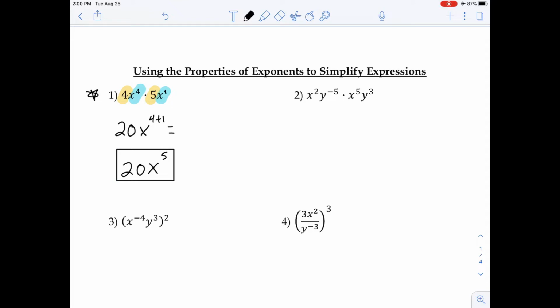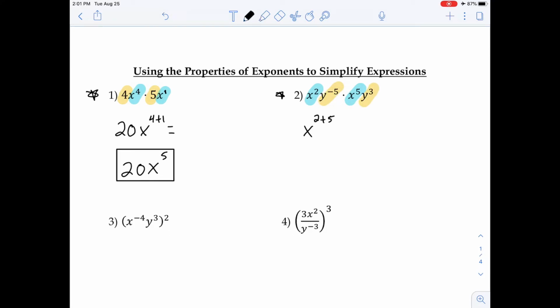So looking at number 2 here, it's kind of similar to number 1, just have an additional variable in there. So we are going to multiply the same variables together. So basically we're going to multiply the x squared times x to the 5th, which basically means that we're using the product rule. So it's going to be x to the 2 plus 5. And then we're going to go ahead and multiply the y to the negative 5 times y to the 3rd.